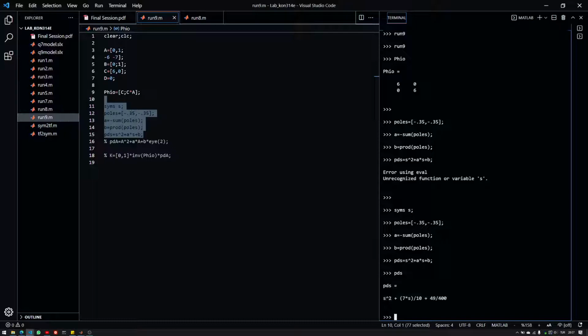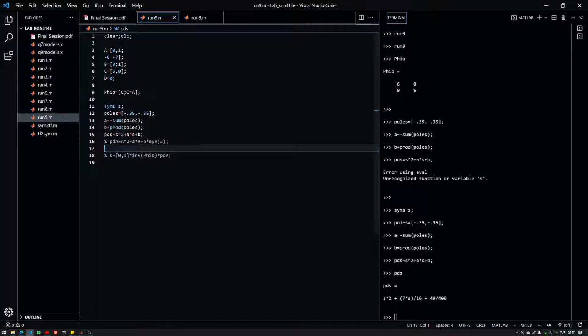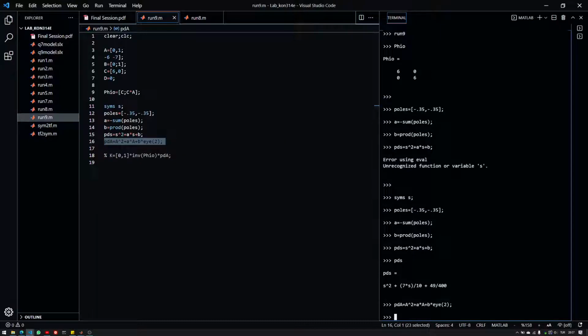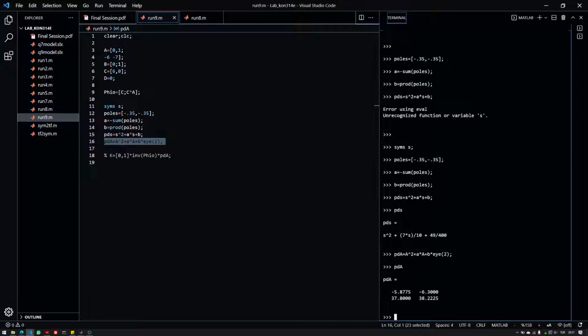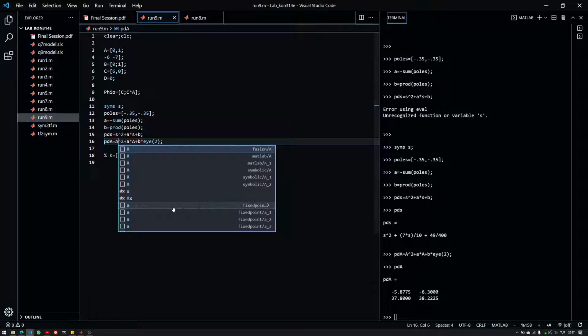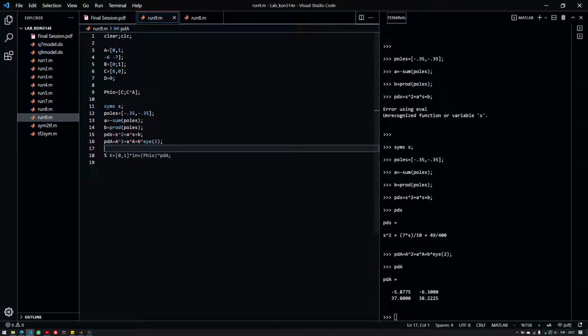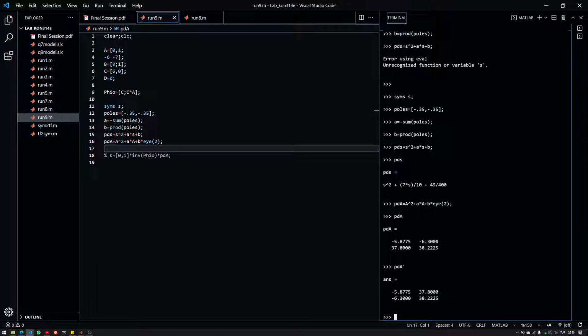So what is PDS? PDS should be 7s divided by 10 plus 49 divided by 400. So let's calculate PDA. And you can see we have a certain matrix. Of course, you can also use A transpose, or just take the transpose of this. So let's use PDA transpose.